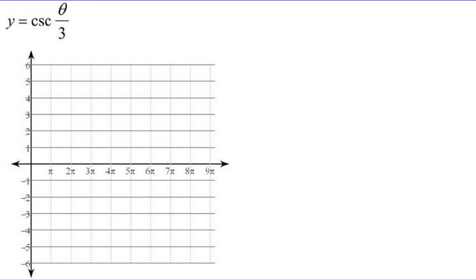Okay? What is this pi over 3, or theta over 3? What is that going to do to our graph? Okay, pi over 3, that is going to change our period. Okay, so since we know that, let's look at the period first this time. The period is 2 pi divided by 1/3, multiplied by the reciprocal, so you're going to have 6 pi.